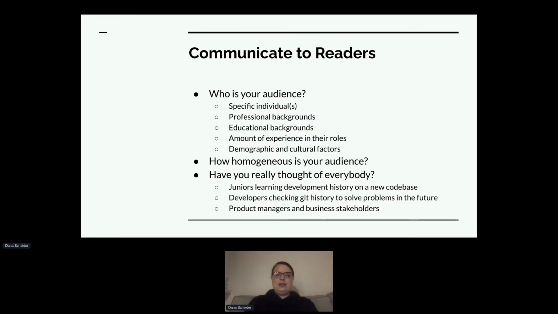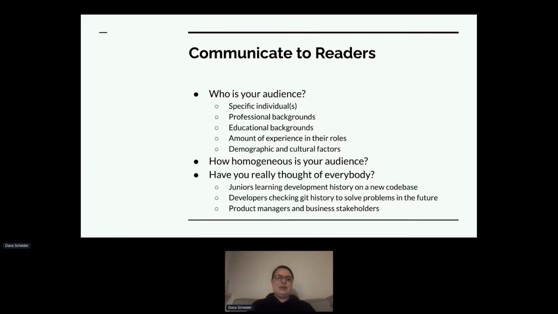and also, it's important to look at how homogeneous your audience is, because the more homogeneous your audience is, the easier it's going to be to target your writing. Because in the most simple sense, if you're writing for, say, only one person, then all you need to know is how that person thinks and how that person will understand the context.